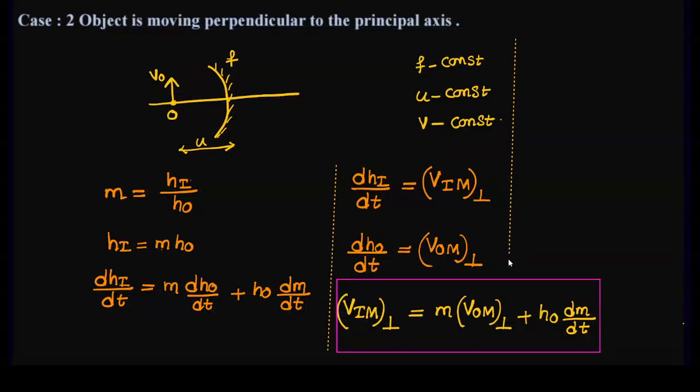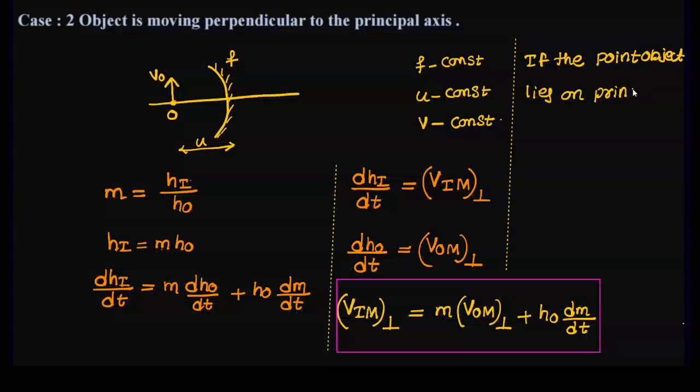If the point object lies on the principal axis, then h naught value is 0.